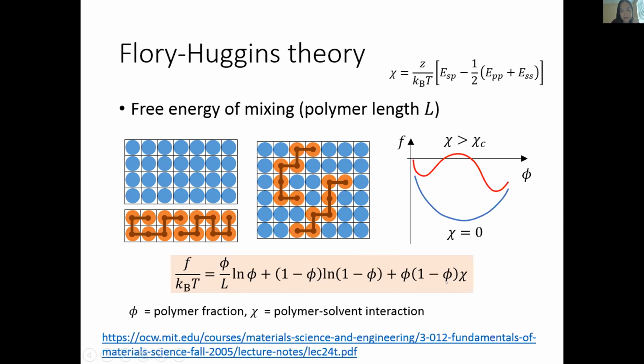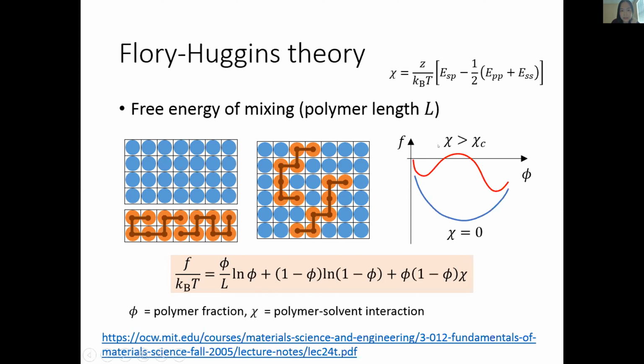We know that there is an interaction parameter chi here, right? And if the interaction parameter is 0, then it's really just the entropy contribution. If we plot this expression, we find that the curve is concave.